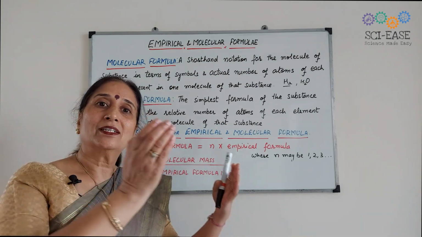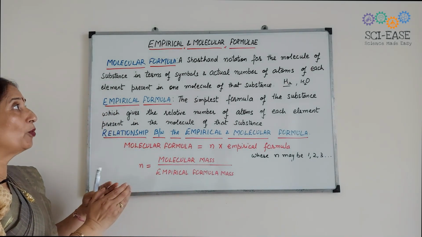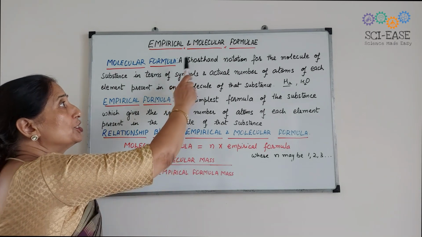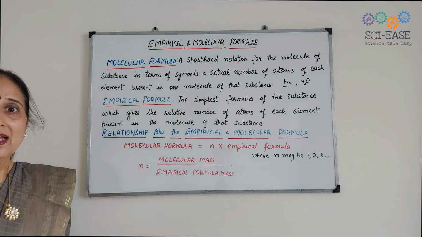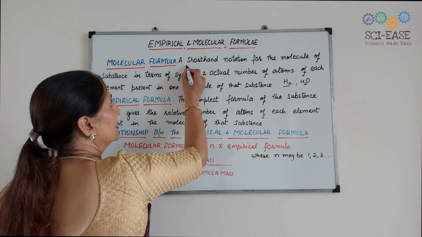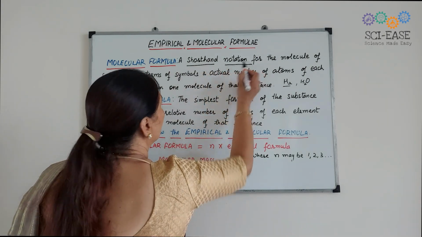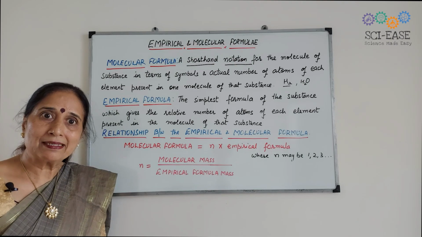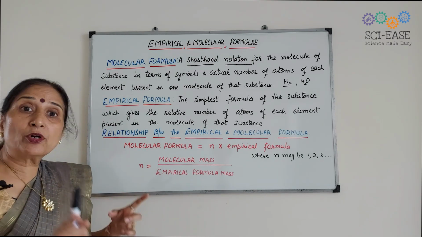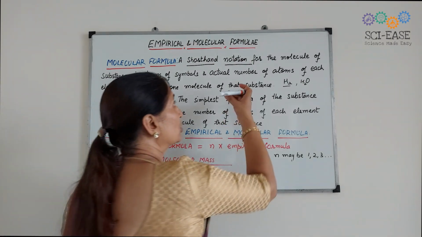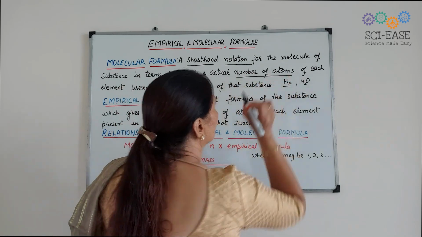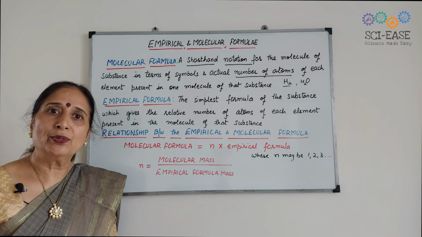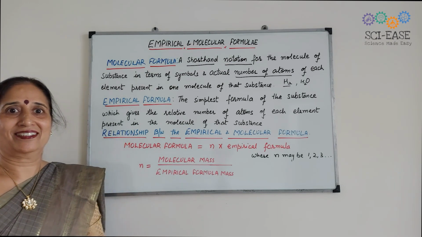So the proper definition of molecular formula is a shorthand notation for the molecule of a substance in terms of symbols and the actual number of atoms of each element present in one molecule of that substance.